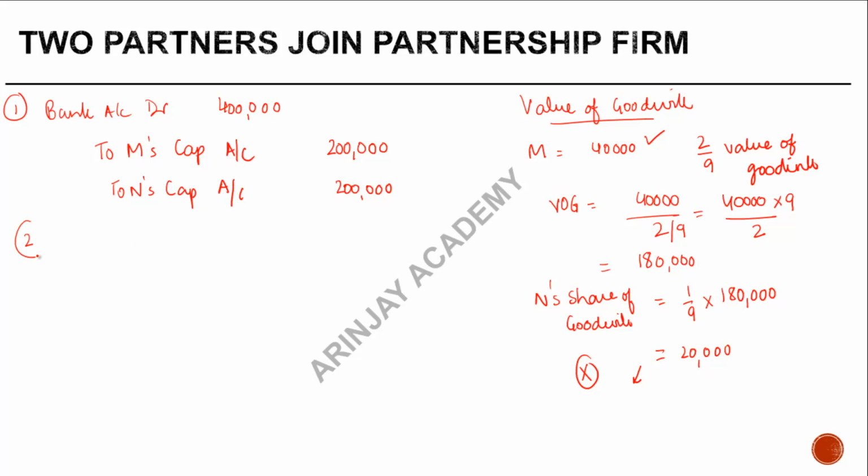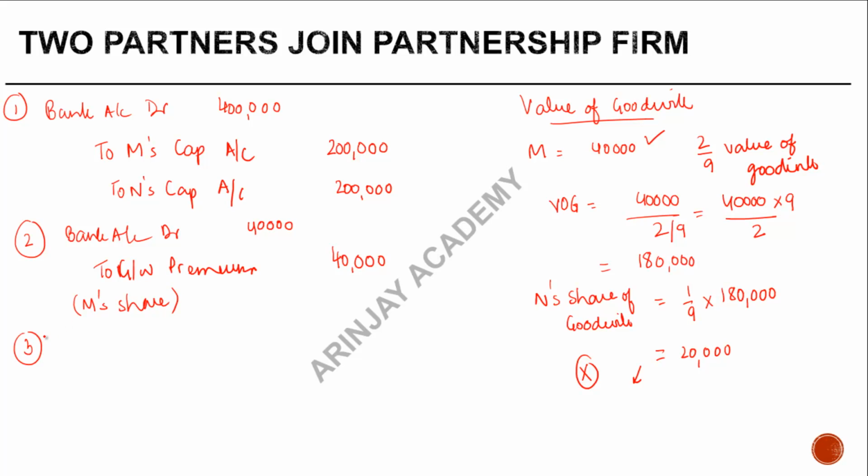So let's pass the entry for the second part, which is what is brought by M. So we will debit the bank account, credit goodwill premium account by 40,000. Kindly note this is only in respect of M's share, right?